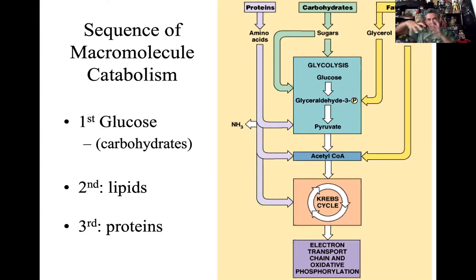Proteins are even more complicated. They're more structurally sound, so they're harder to break apart for energy. So your body will always prefer the simple task. If the simple task is not there, we go to lipids. And if lipids are gone, we got to go to the proteins to metabolize those for energy.